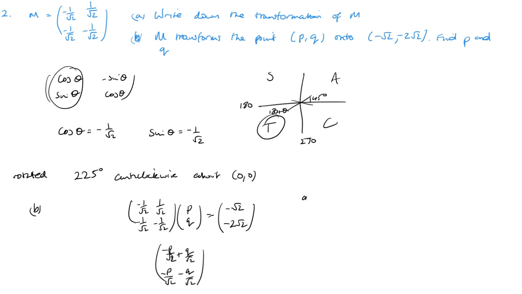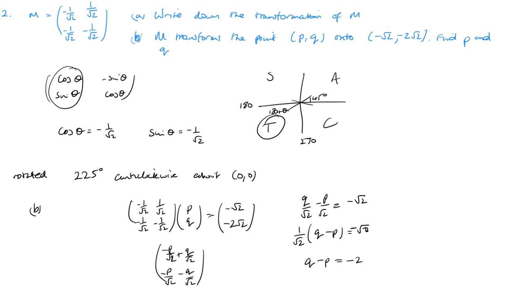So Q over root 2 minus P over root 2 equals minus root 2. So let's take out the root 2's here, and then multiply by root 2, we get Q minus P equals minus 2.